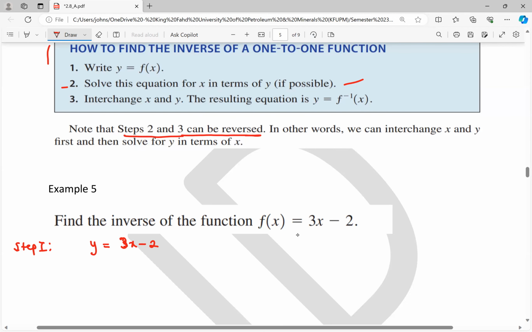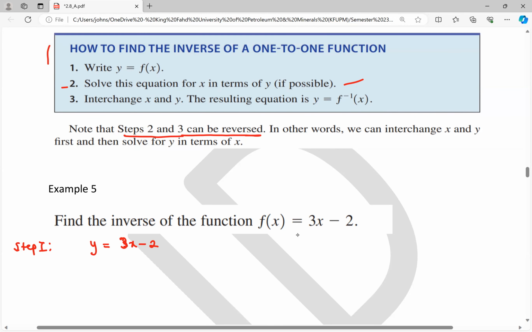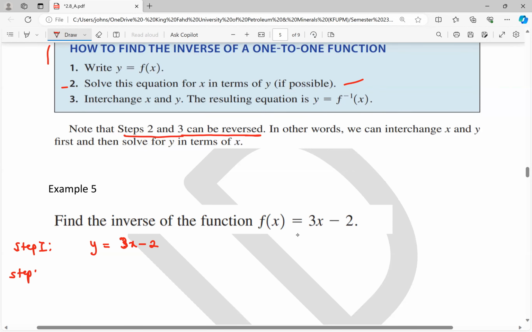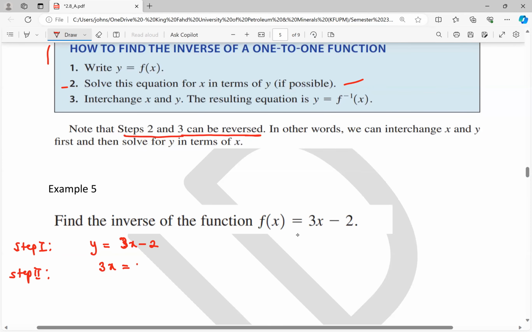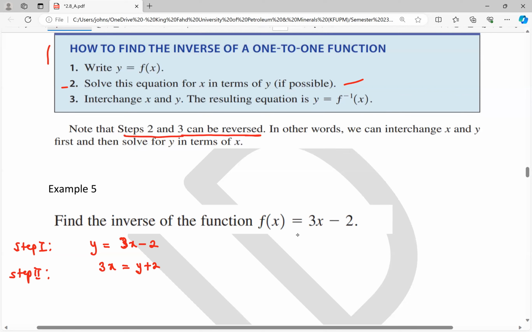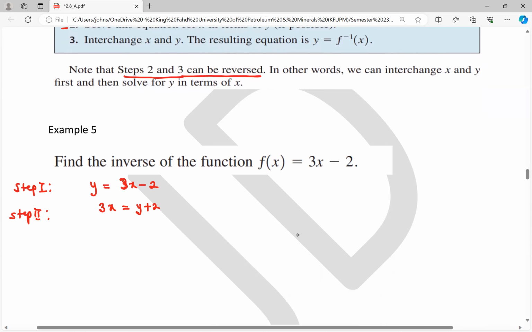So solving for x, you see that we have 3x is nothing but y plus 2. And this means that x is equal to y plus 2 over 3.